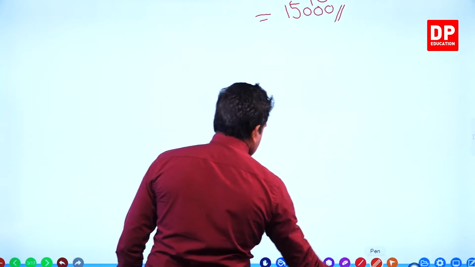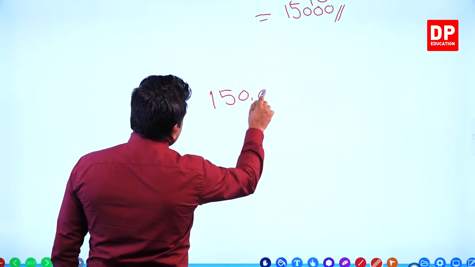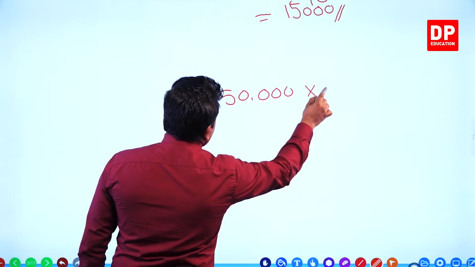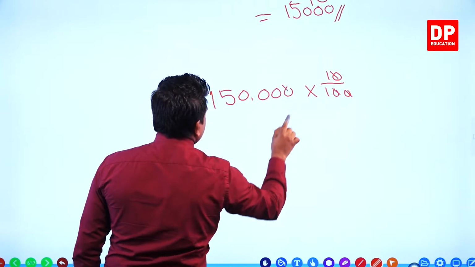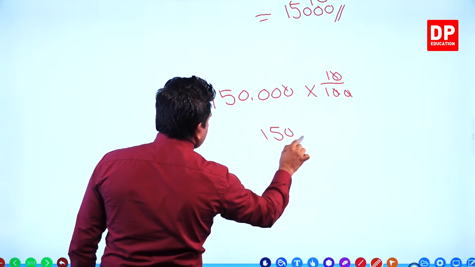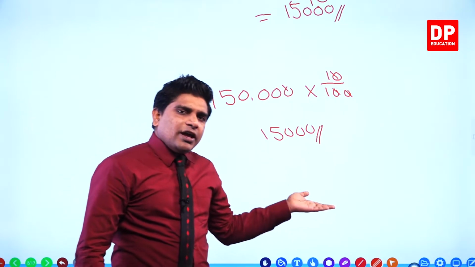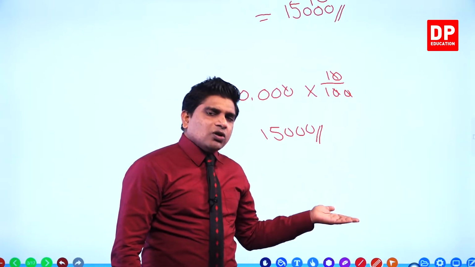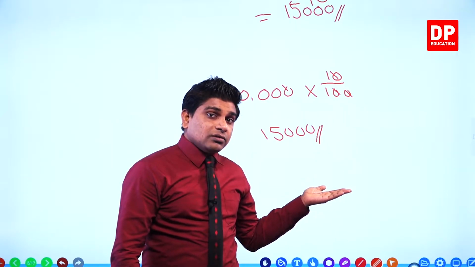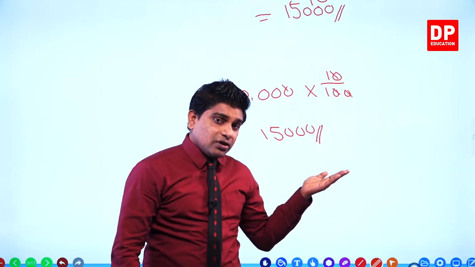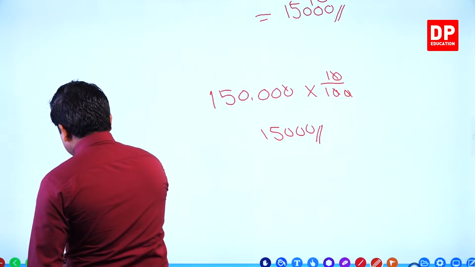It is 150,000 into 10%. Same value, 15,000. How many times can you do the calculation? Here also you have to do the depreciation calculation 10 times because we can use 10 years, right? Okay. Now the next one.